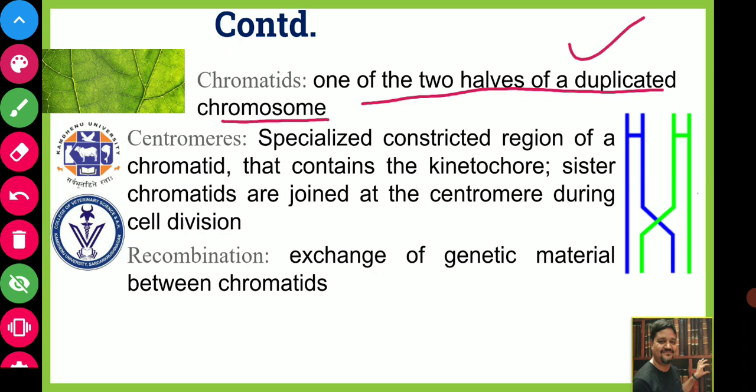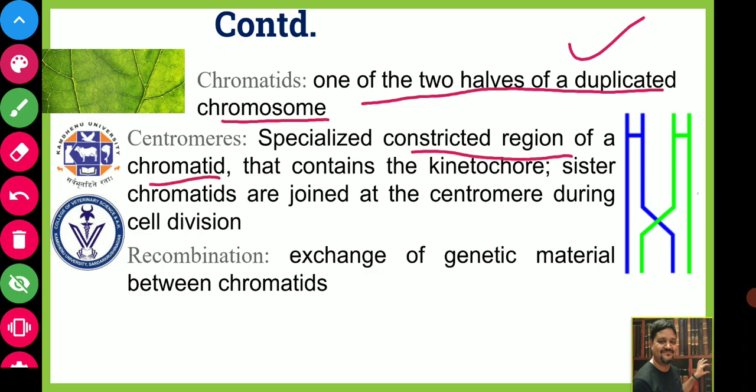As I have already shown you in the last figure, it is one of the two halves of a duplicated chromosome. So when the chromosome condenses, it gets duplicated, and one half is called a chromatid. Another term is centromere. What is the centromere? It is the specialized constricted region of a chromatid.